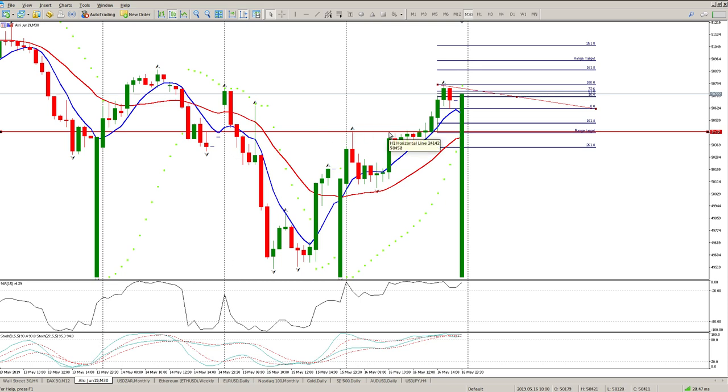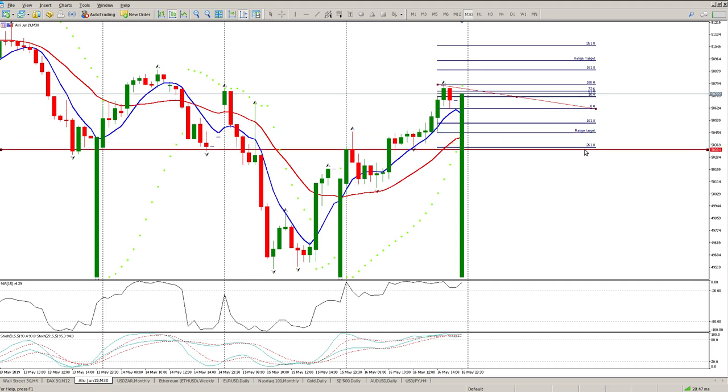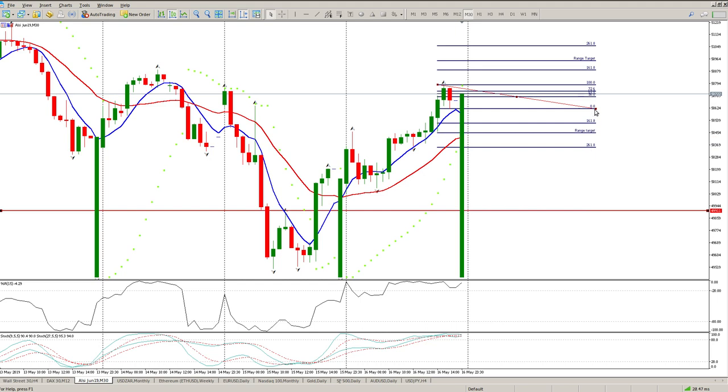Okay, so that lines up with this 54.50. There's your range target. So that's kind of the play that I see happening today: a move to the downside, find some support somewhere around here, possibly even deeper. That's also a possibility.